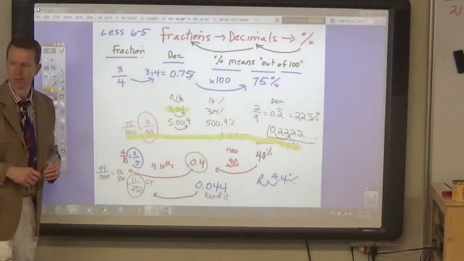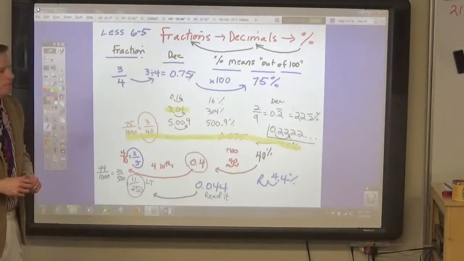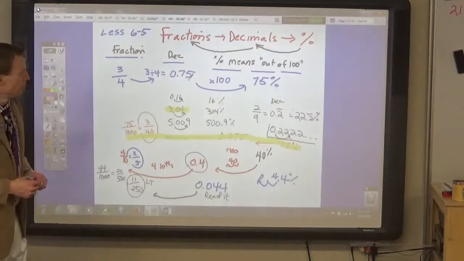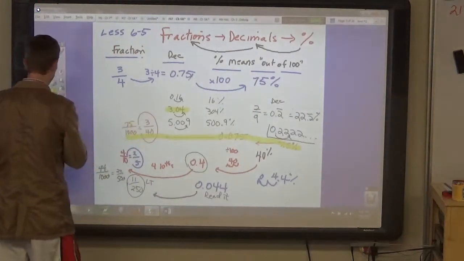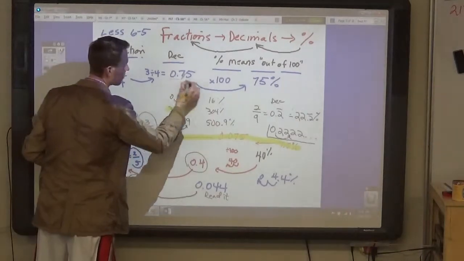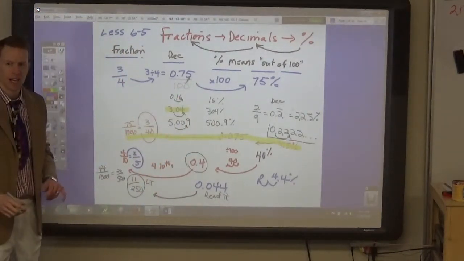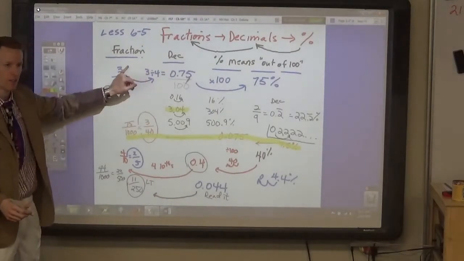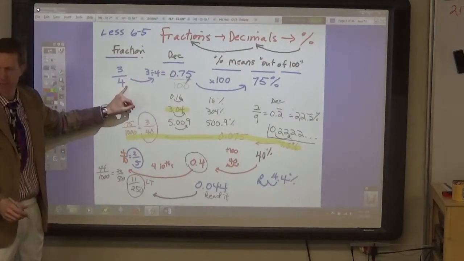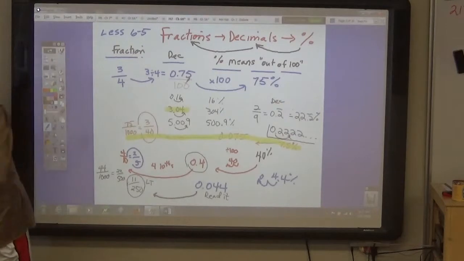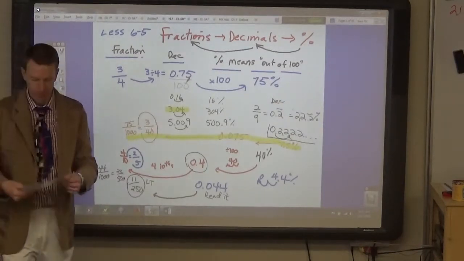Merlin? Since the 75 is in the hundredths place, you can do 75 over 100. Right. Simplify it to 3/4. 75 over 100, and then reduce it to 3/4. Right?